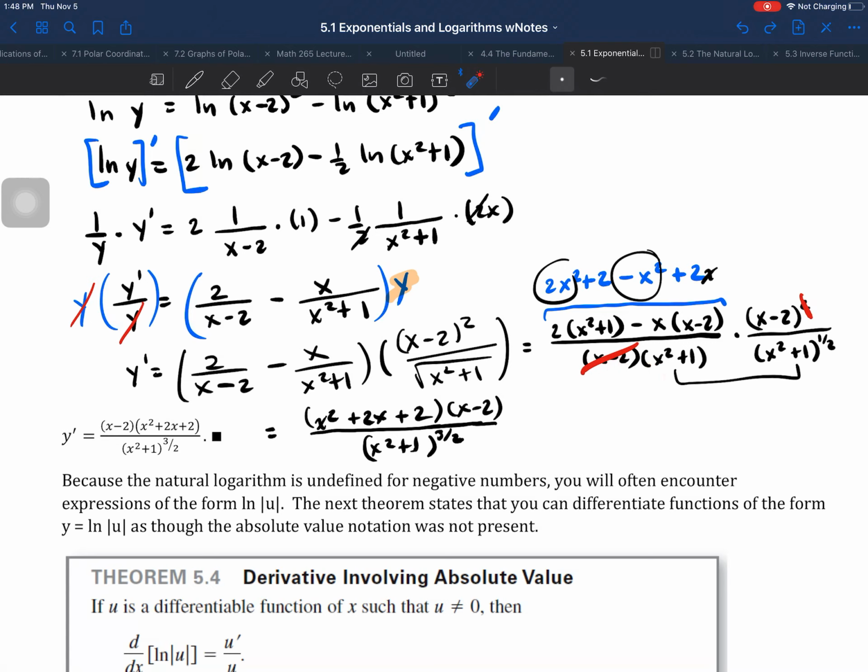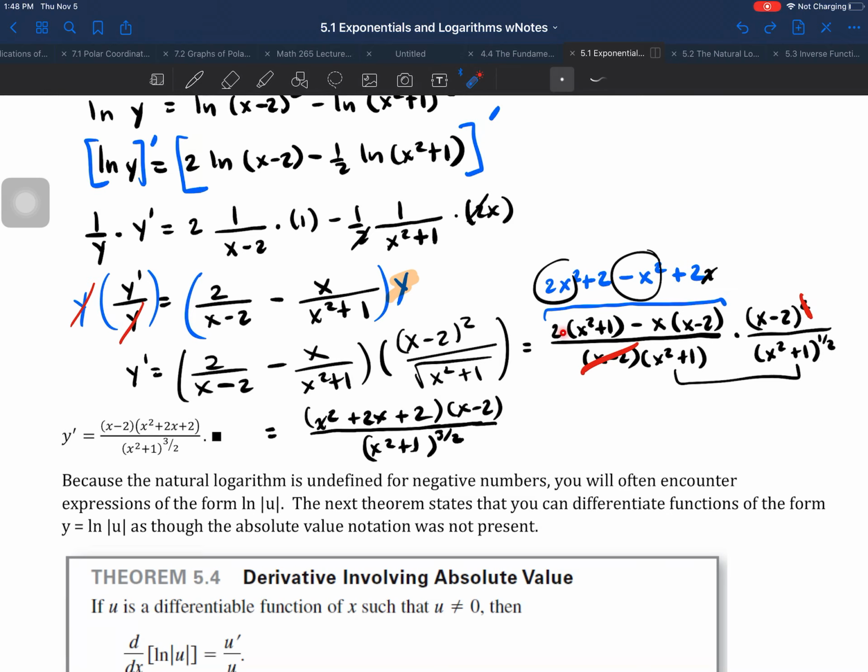This needs to be distributed. This needs to be distributed. And then when we multiply this part with this part, one of the squares will cancel with x minus 2. And then we're left with this one and that one that we're going to multiply to each other, giving you 3/2.